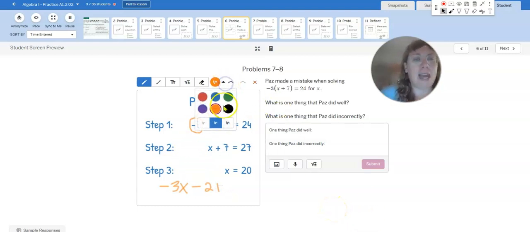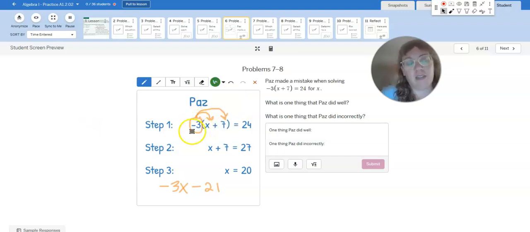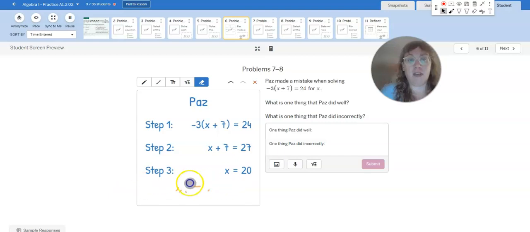It looks like Paz was trying to get rid of that negative 3 and they just added 3 to both sides. But this negative 3 in front of the parentheses is being multiplied. So instead of distributing, you can get rid of it and move it to the other side first.